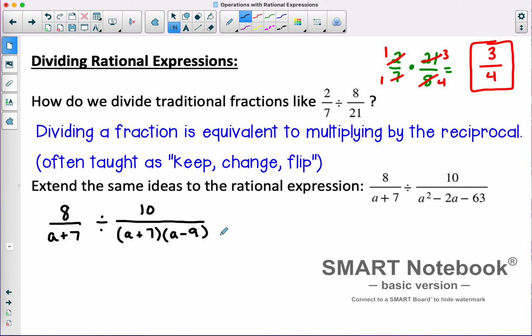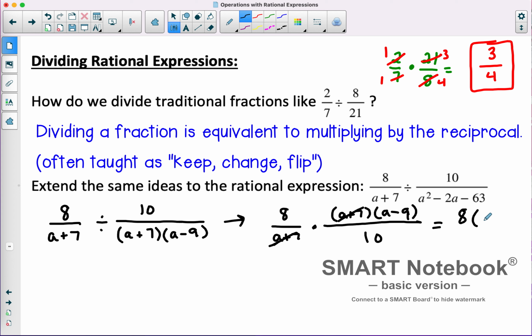And when we write this as multiplying by the reciprocal, we would have 8 over a plus 7 times the reciprocal, which would be a plus 7 times a minus 9 over 10. So the a plus 7s would reduce and make this 8 times a minus 9 over 10.